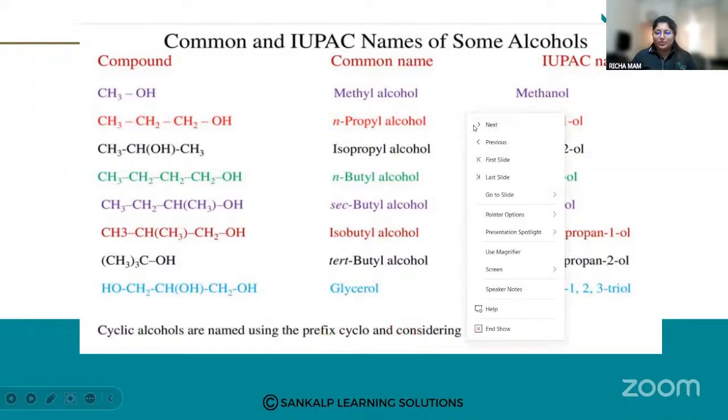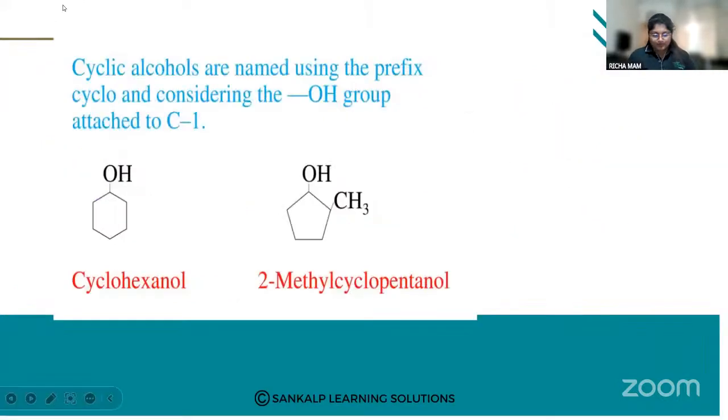Moving further, when we have cyclic compounds, we have to use the prefix cyclo, and you have to consider the OH group attached to carbon 1. Here this is cyclohexanol. Why hexanol? Because 1, 2, 3, 4, 5 and 6.